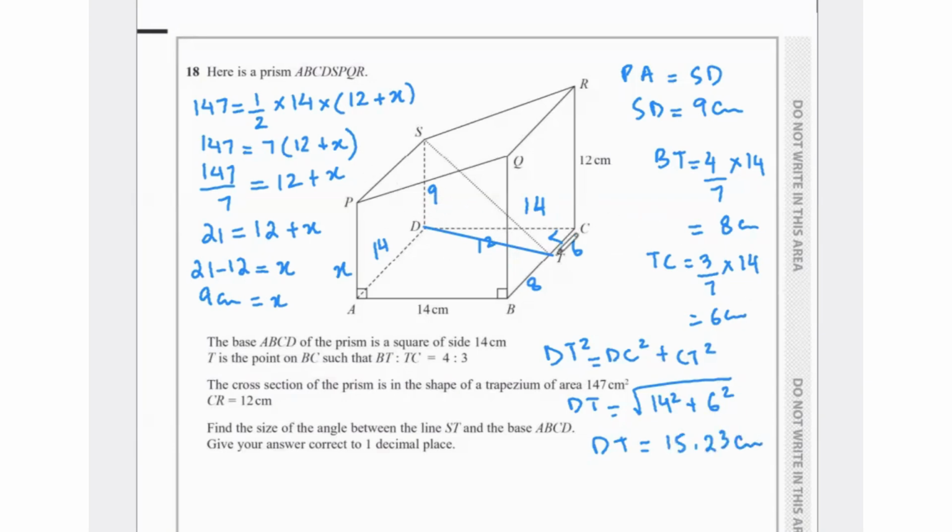So now that we have DT and we have SD, we can find the angle using tangent, because this is the angle that we're trying to find. So tan theta equals 9 over 15.23, and theta would be tan inverse of 9 over 15.23, and that's going to give us 30.6 degrees. This is your angle correct to 1 decimal place.